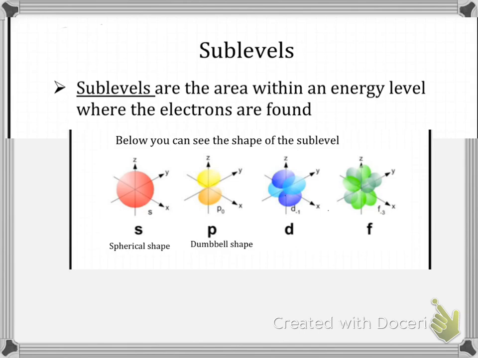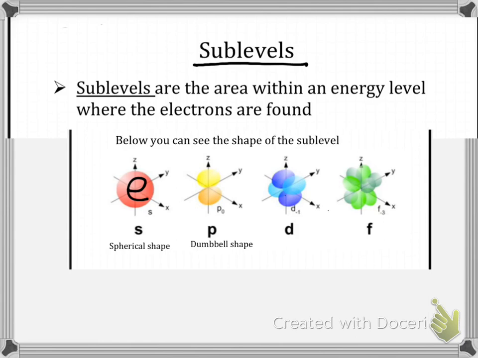Now, in the quantum mechanical model, we have something called sublevels. These sublevels are an area within an energy level where the electrons are found. We have 4 different kinds of sublevels. They are S, P, D, and F. You can see here that the S sublevel is a circle, so the electron is somewhere inside this circle.